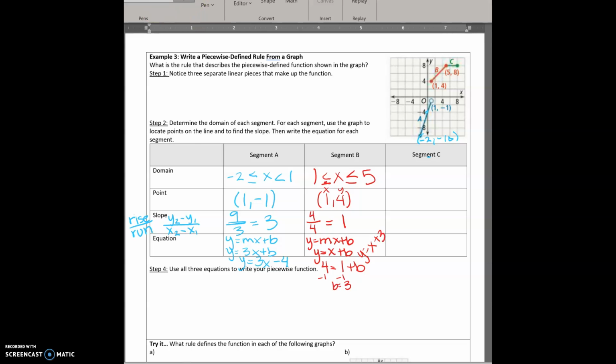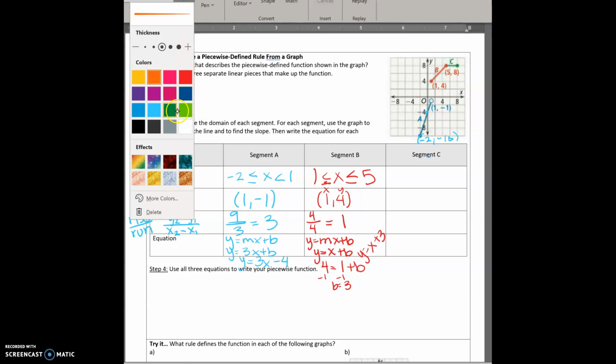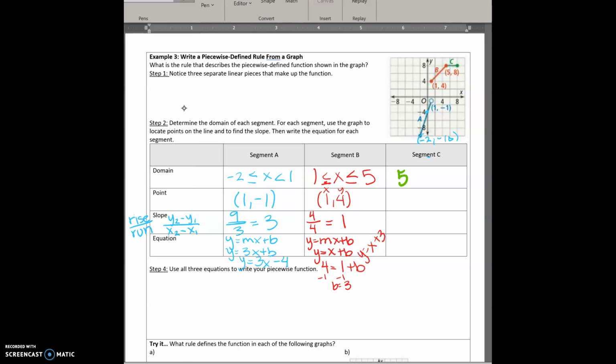And then the last one is segment C. It starts at 5, and it actually has an open dot. It's hard to tell in this picture, but it is open. So it has an alligator without a line underneath, and then it goes till 8, and that is with a line underneath.